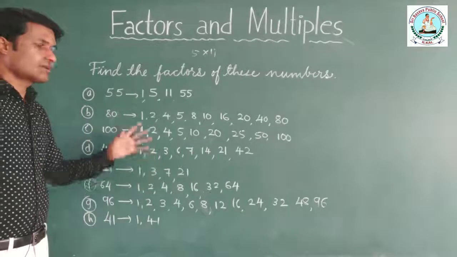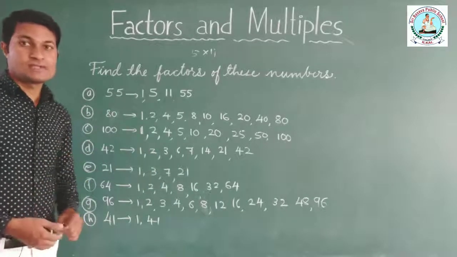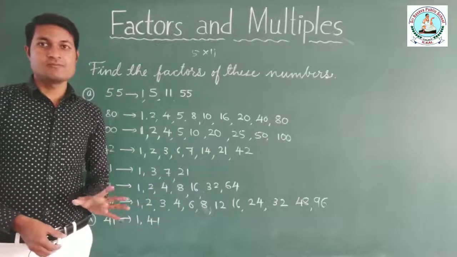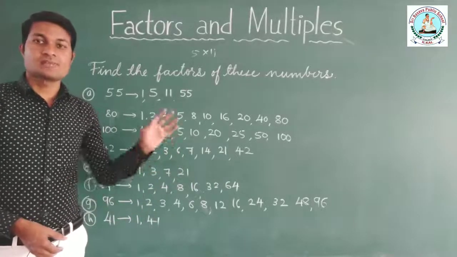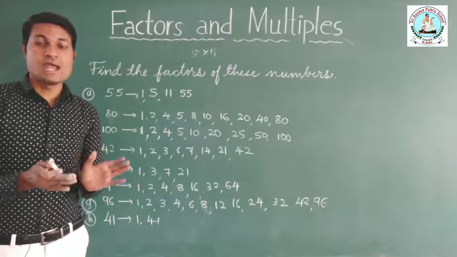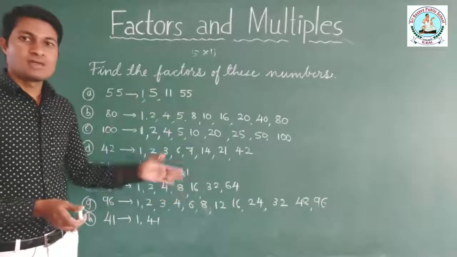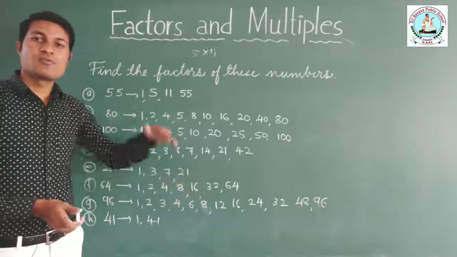So this is how you can find and list the factors of a given number. You can use multiplication for finding the factors, so that you will get some combinations, and from those combinations you can write the factors. It is a direct method, and if you don't understand this, go for the previous question.